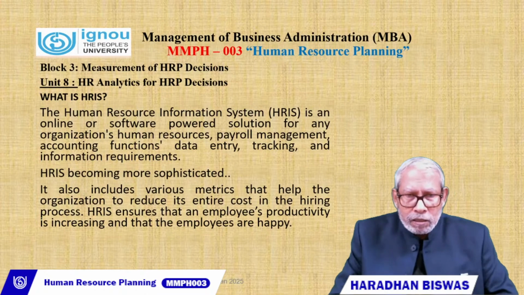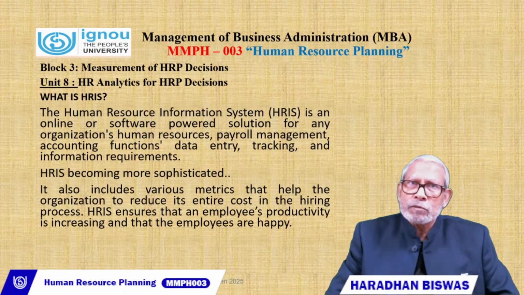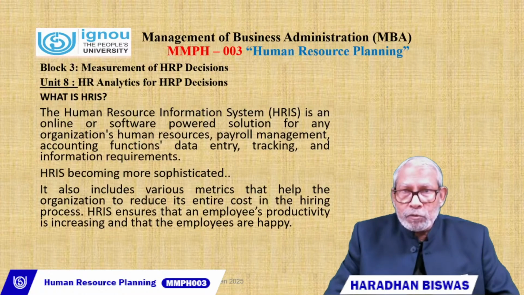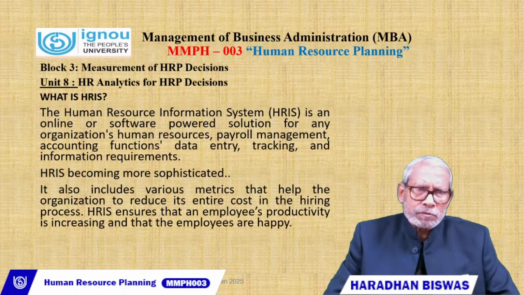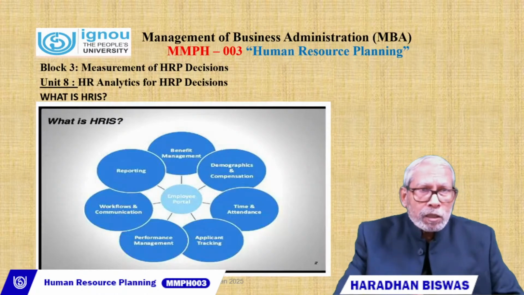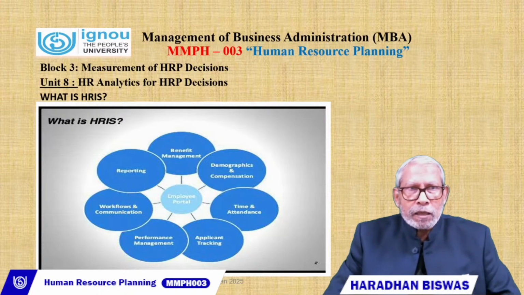Now, what are human resource information systems? As you know, human resource systems are very important in online software solutions. For any organization, payroll management, database entry, tracking are all part of your HRIS. This is becoming more sophisticated. So now, what is HR?